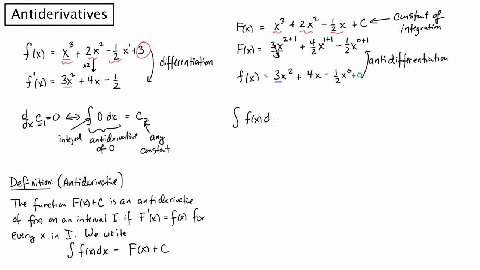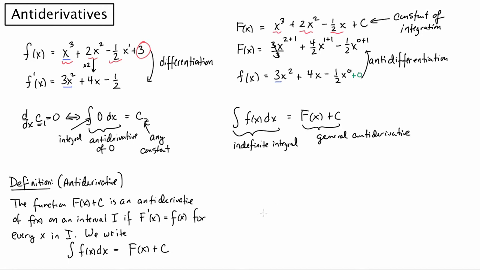So talking about some of the notation here, this integral here is called an indefinite integral. And f of x plus c is called a general antiderivative. It's called a general antiderivative because we don't know the value of c. If we had a specific value of c in mind, so for example, thinking about the example above, if I write x cubed plus 2x squared minus 1/2 x plus c, this is a general antiderivative.